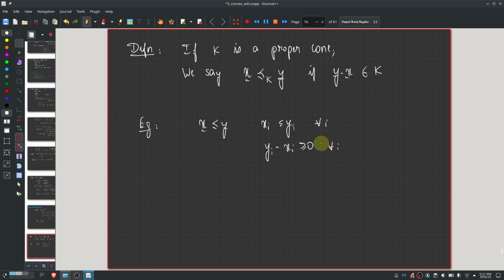So if I have 2 vectors and it so happens that every component of x is less than or equal to every component of y, then if I take y minus x, every component of this vector should be greater than or equal to 0. Correct? But what does this correspond to?